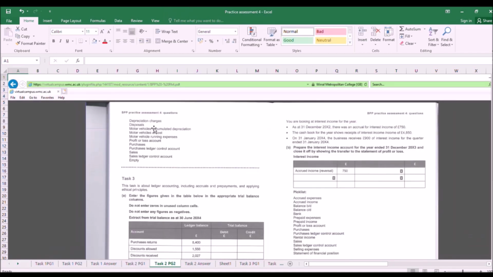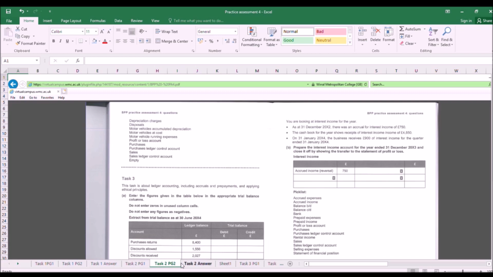What else have we got? Disposals. Well, that will be in there though. Motor vehicles accumulated depreciation. Motor vehicles at cost. Probably going to be what we're going to need here. Motor vehicles running expenses. Profit and loss account. Purchases. Okay, so what we're going to need in here is our motor vehicles at cost, probably, because that's all that we've got available to us. And what else have we got as well? Disposals as well.